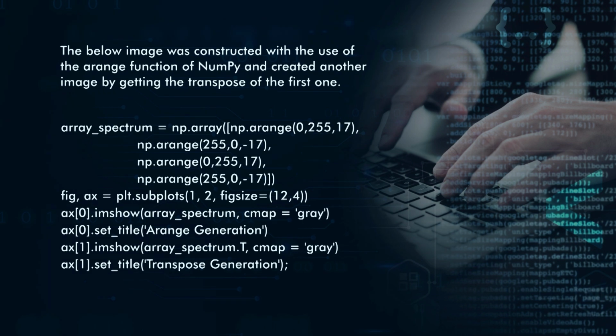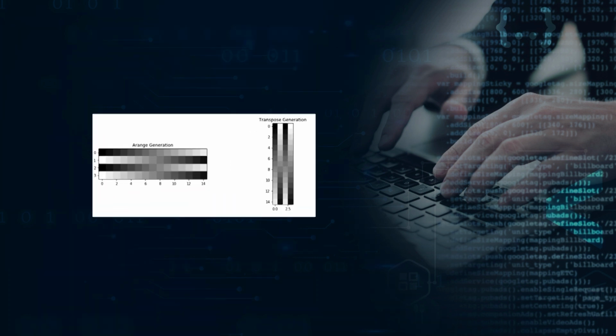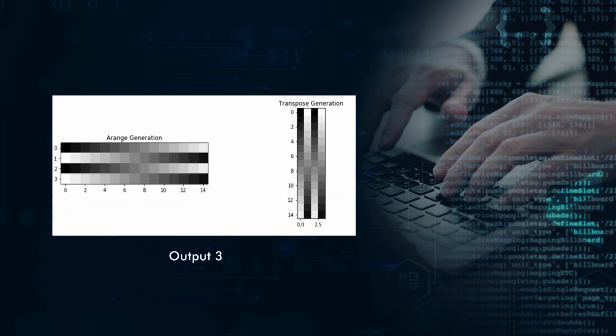So, here are the statements of Python, that is array spectrum is equal to np.array of np.arange 0 to 255, 17. These are the syntax of your Python language, and this is the output generated, that is arange generation and transpose generation.